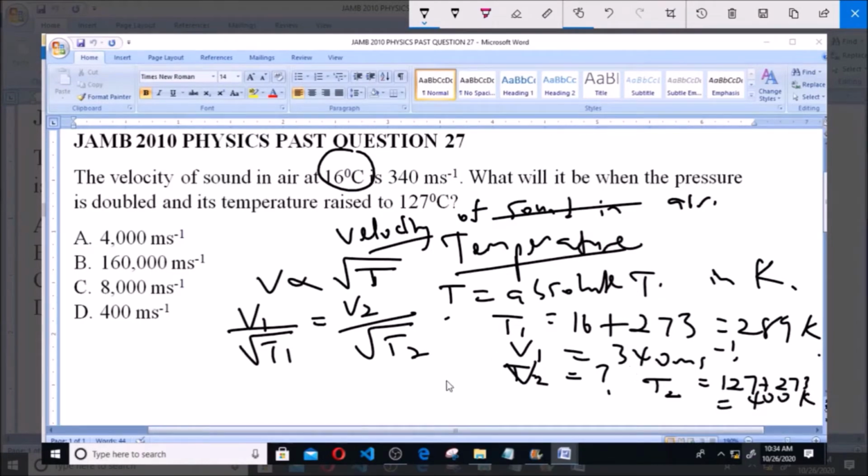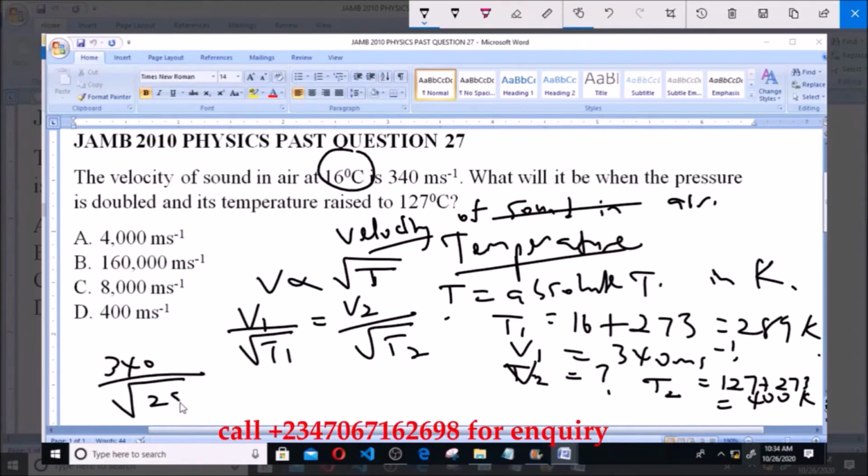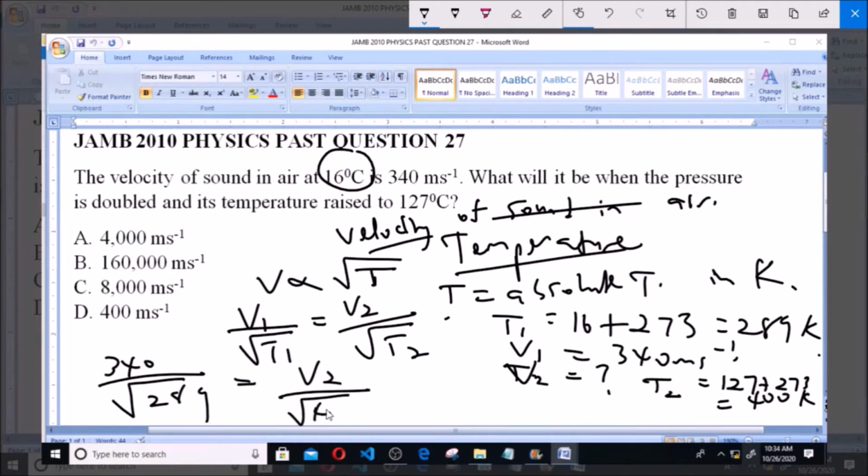Now let's substitute these values into the equation. V1 is 340 meters per second over root T1, T1 is 289, is equal to V2, which is unknown, over root T2, which is root 400.